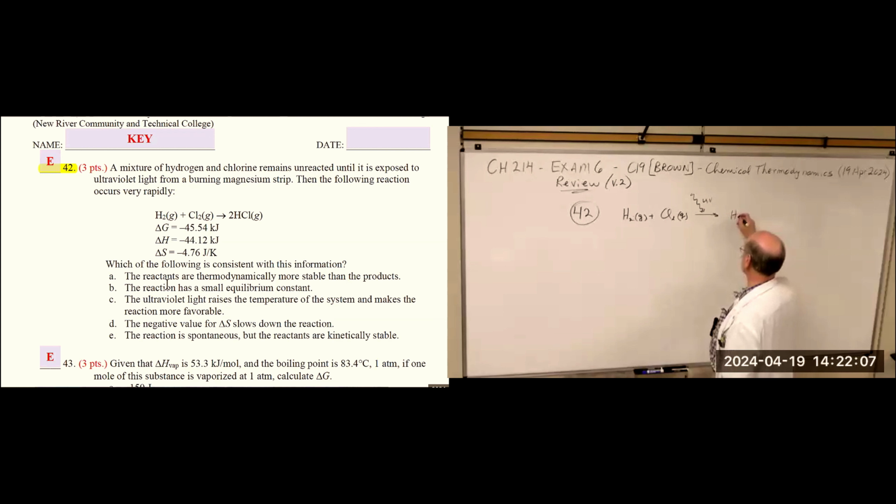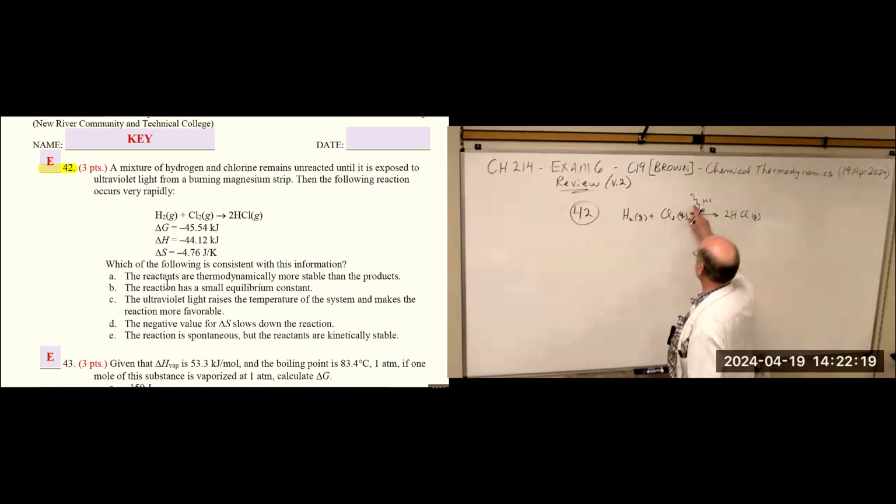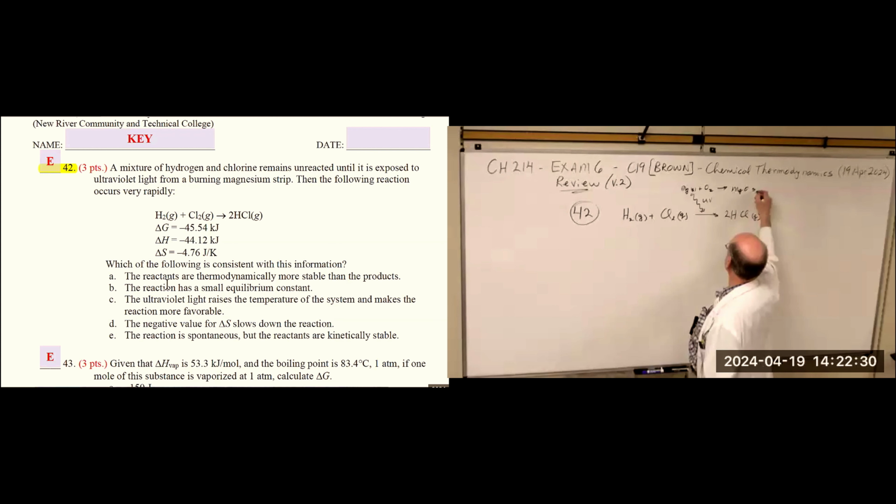Then we get the reaction that gives you that. And this is supplied by a burning magnesium strip. So magnesium solid plus oxygen yields magnesium oxide solid. So that'd be 2 here, 2 here. And that gives you this energy.